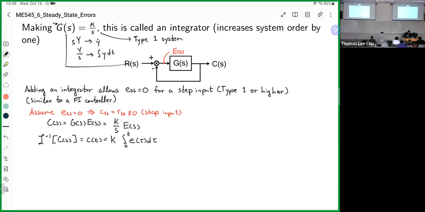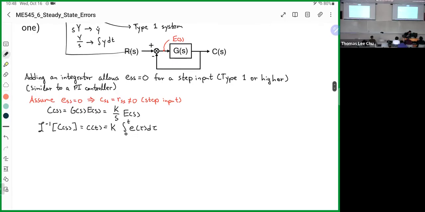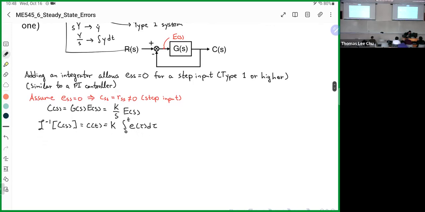So we're taking the area of the error from 0 to t. And basically, at steady state, it's going to be the limit as t goes to infinity of C of t, which is equal to the limit as t goes to infinity of K times the integral from 0 to t of e tau d tau, and this is going to be constant.